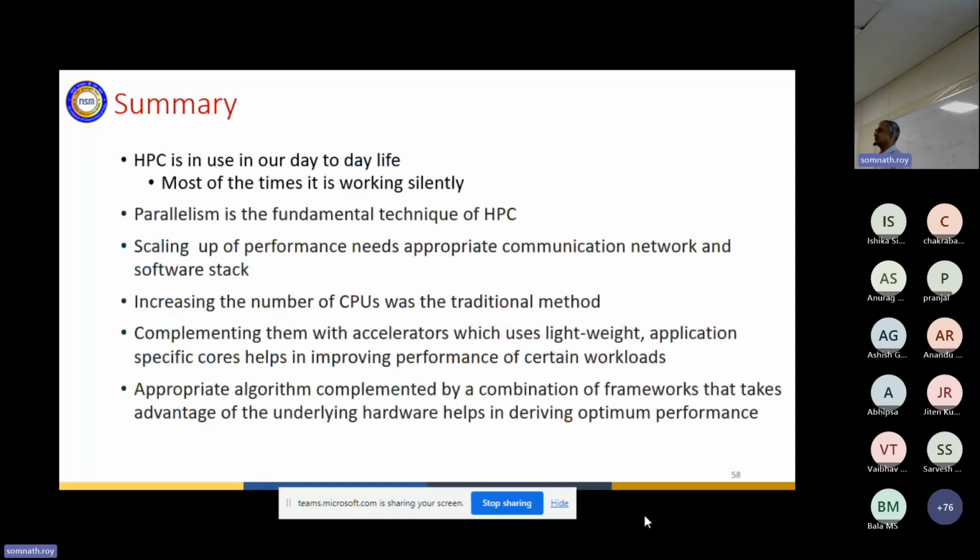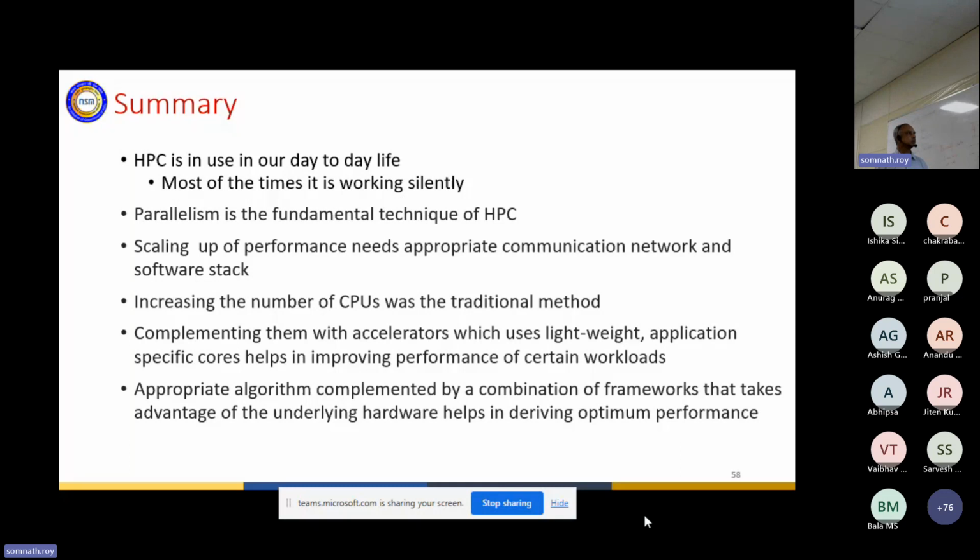Finally, I have taken enough time, so time for summary. What we said is that the applications that I told you are actually being used in our day-to-day life, but common people do not know. Possibly you also did not know about so many applications of HPC today. You got to know, and the fundamental technique, parallelism, is fundamental. Without parallelism, there is no HPC.